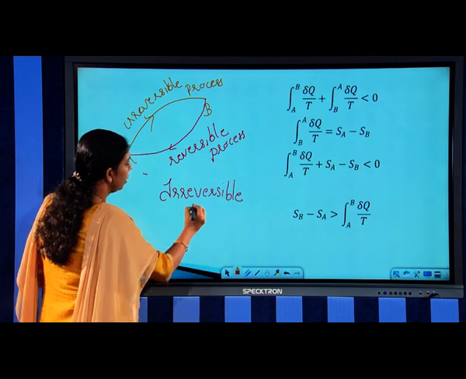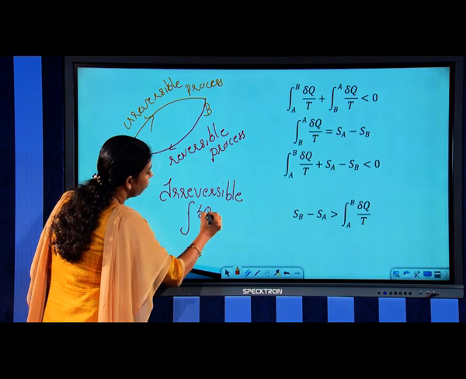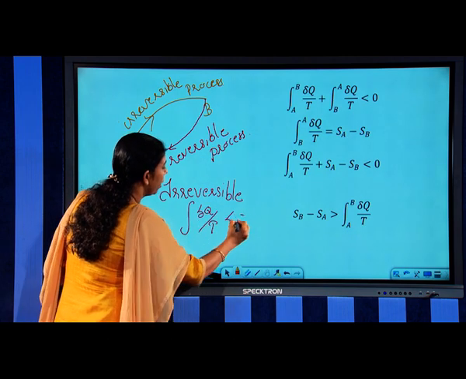For an irreversible cycle, we write delta Q by T less than 0.